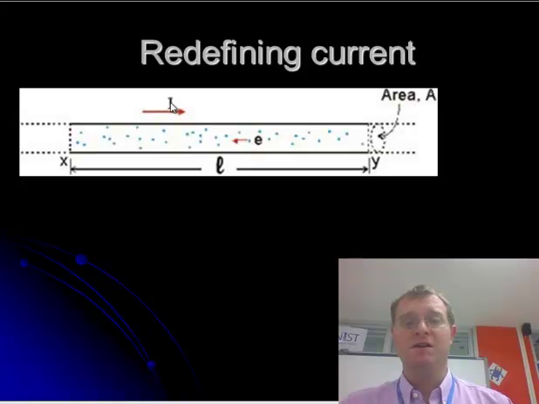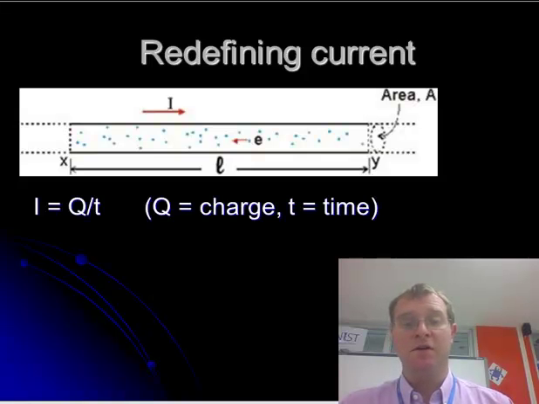So I recognize that current is the amount of charge passing through a wire per second, over a unit of time.